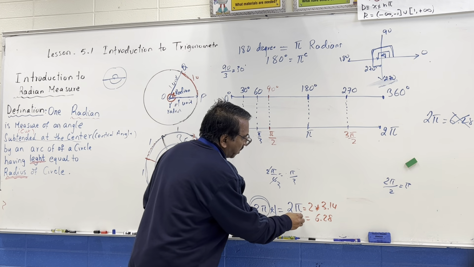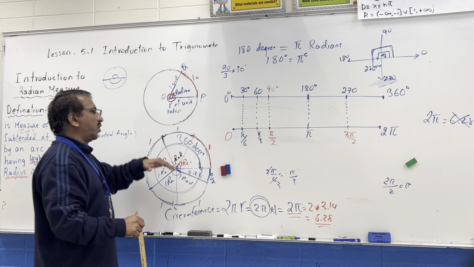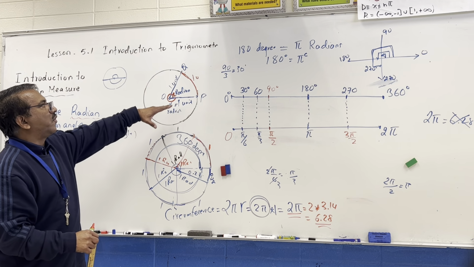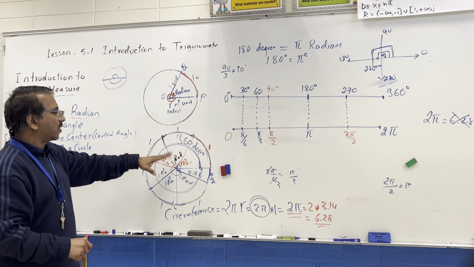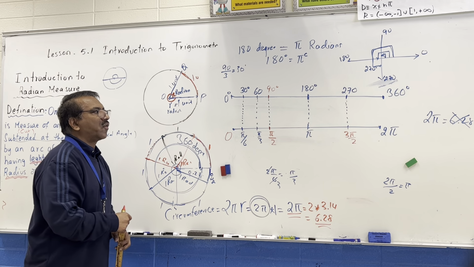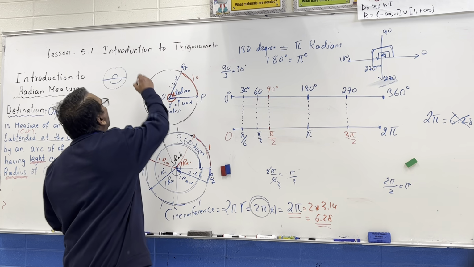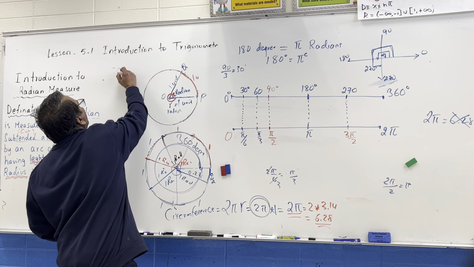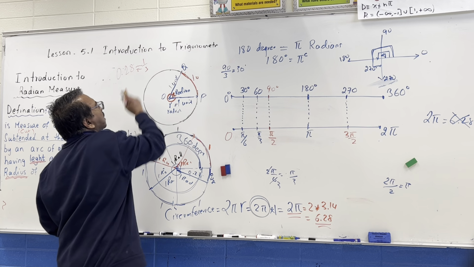So we have been using 2 pi and not 6.28. 6.28 is just to understand how many radii wrap around the whole circle, and you can see there are 6 of them, and the 0.28 is approximately like 1/3 of a radius.